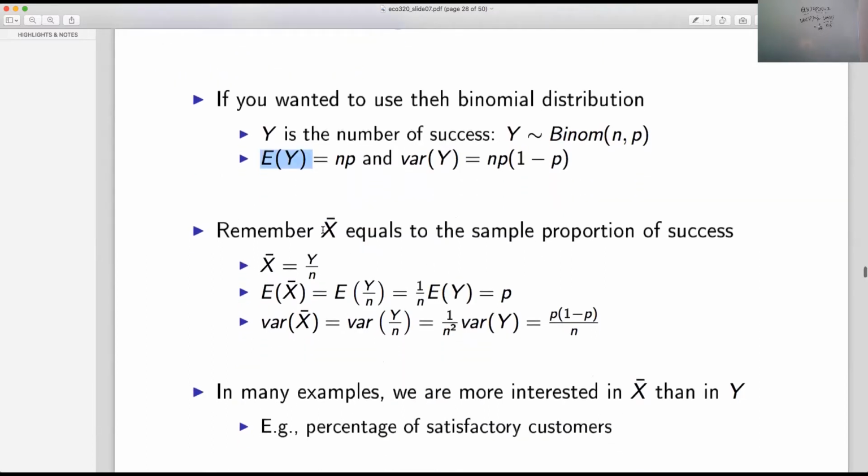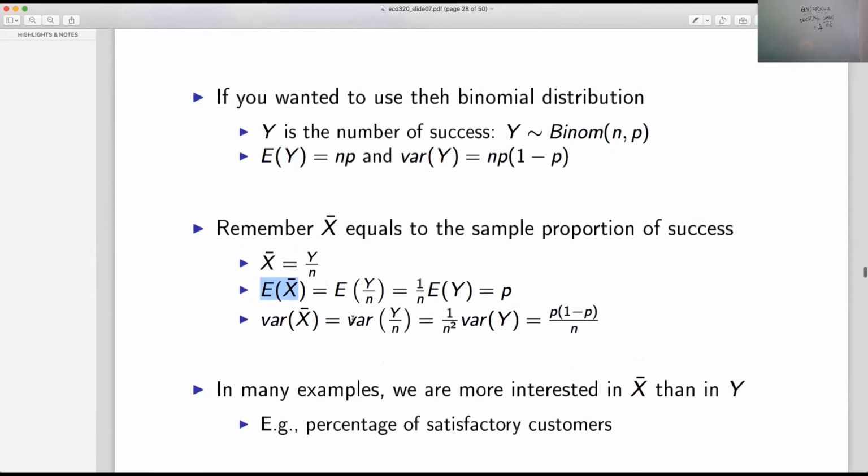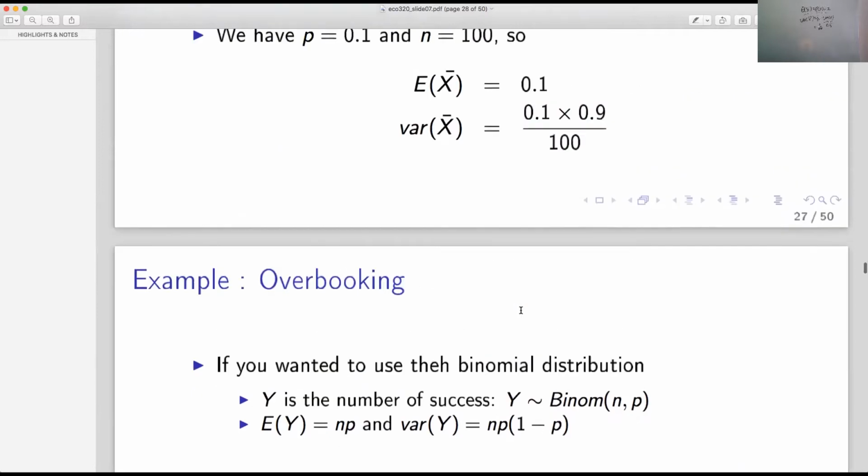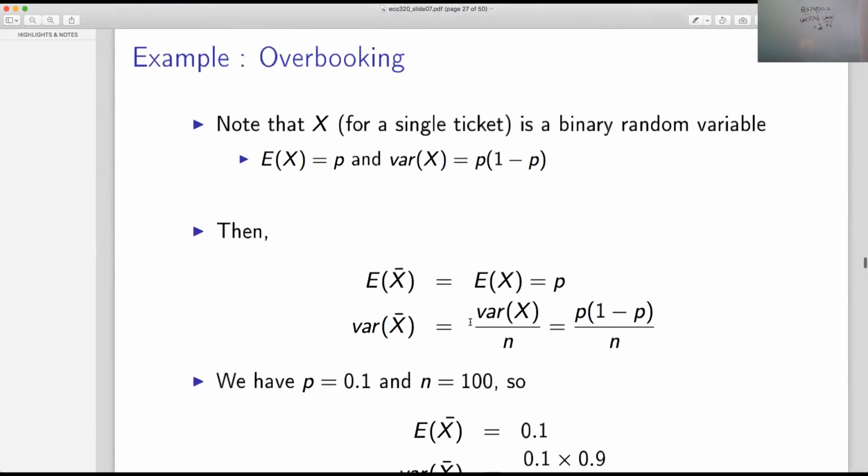And x bar is equal to the sample proportion. Basically, x bar is equal to the sample proportion of successes, so x bar is y over n. Similarly, you substitute back here, and this is how you get it. If you're confused by this one, you don't have to know it, because it is exactly the same thing as here.